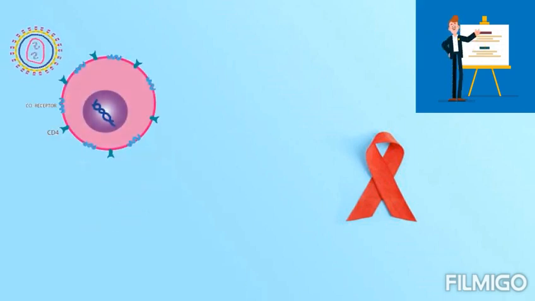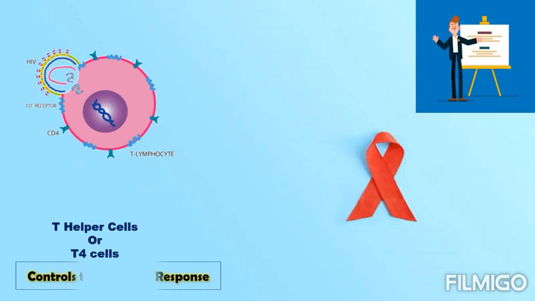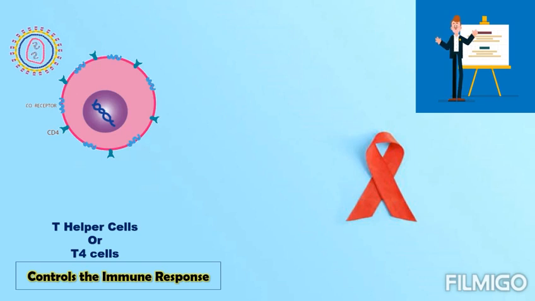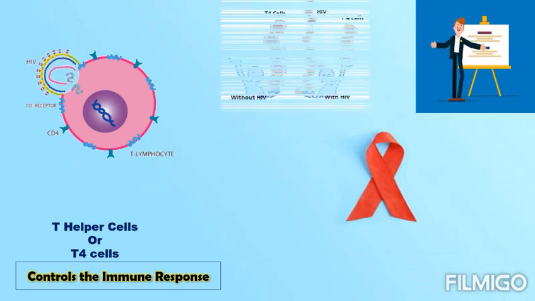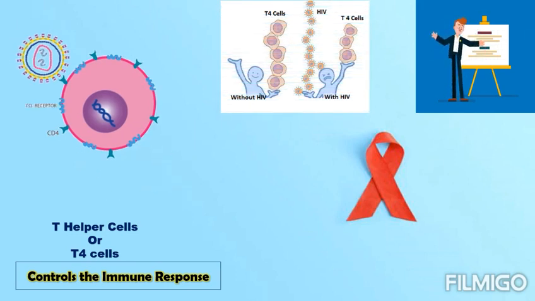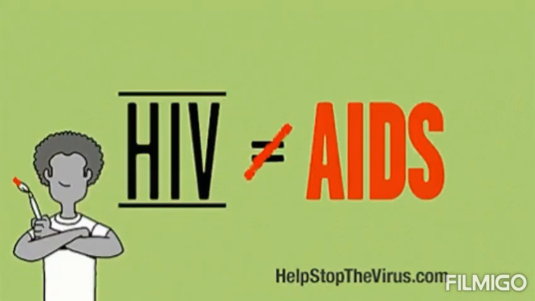The HIV virus attacks a specific type of white blood cells called T helper cells, sometimes called T4 cells, that control your immune response. Individuals with HIV have a low number of T4 cells, opposite to those not having HIV.